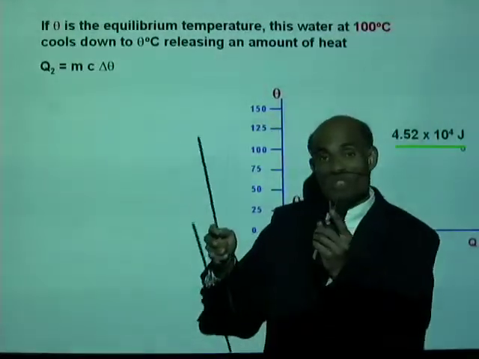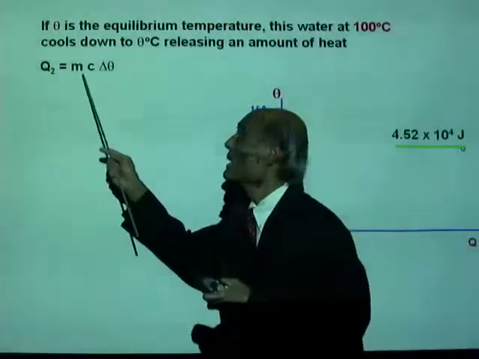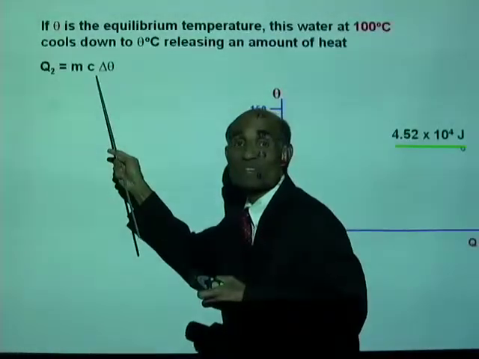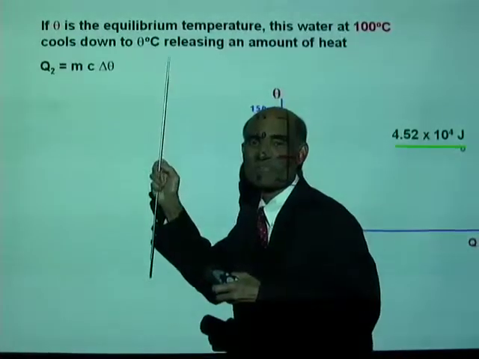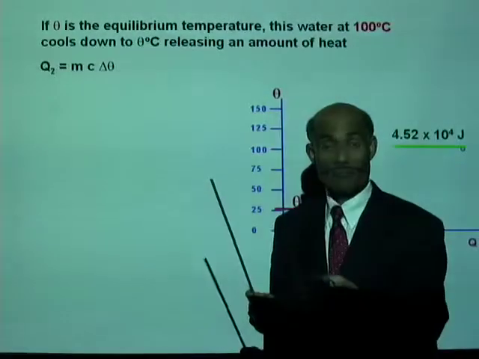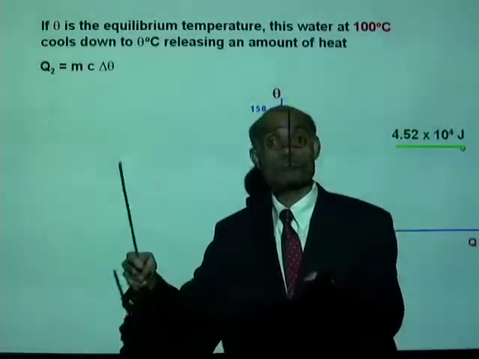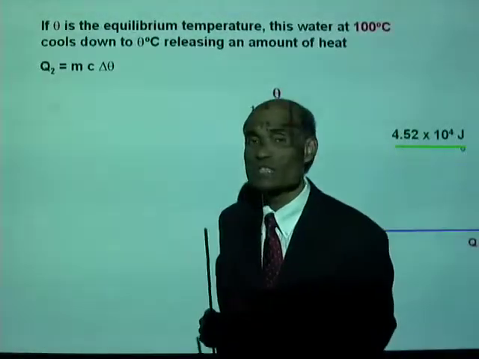See, this time there is a change in temperature. What is the amount of heat released? Mass times specific heat of water times the change in temperature. Well, mass is 20 gram, that is 0.02 kilogram. Specific heat of water is, what is it?